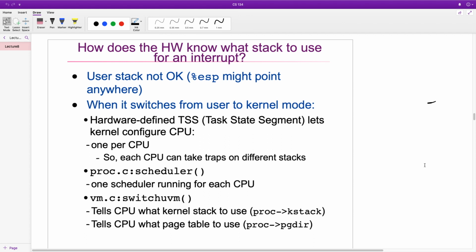So as we're switching user processes, we switch stacks, along with switching page directories. I don't know if it matters that much right now, but there is a scheduler running on every single CPU. Every CPU is cycling through the list of processes, figuring out which one is ready to be run, and running it.